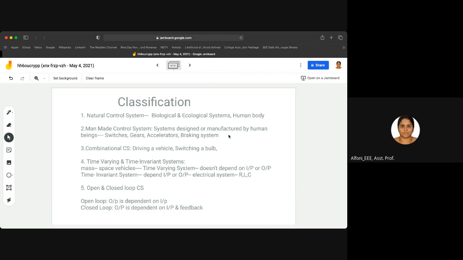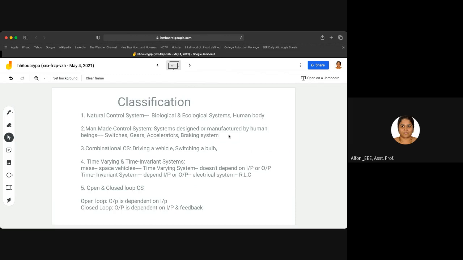Time invariant systems include the electrical systems like the resistors, inductors, capacitors; they depend upon the input or the output. In an electrical system, based on the input given, the output will change, or if the output changes, the input may change. So this is one of the classifications of the control system.